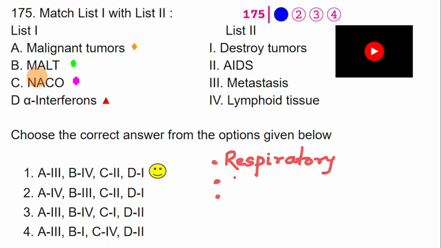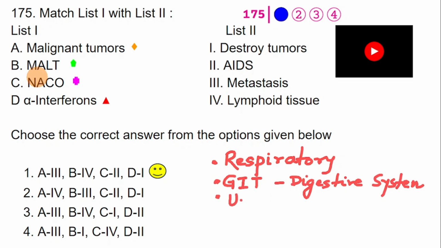Next, the gastrointestinal tract, or you can say the digestive system, and the urinary system and reproductive system. Together they are called the urogenital system. There you will see a coating of mucus.